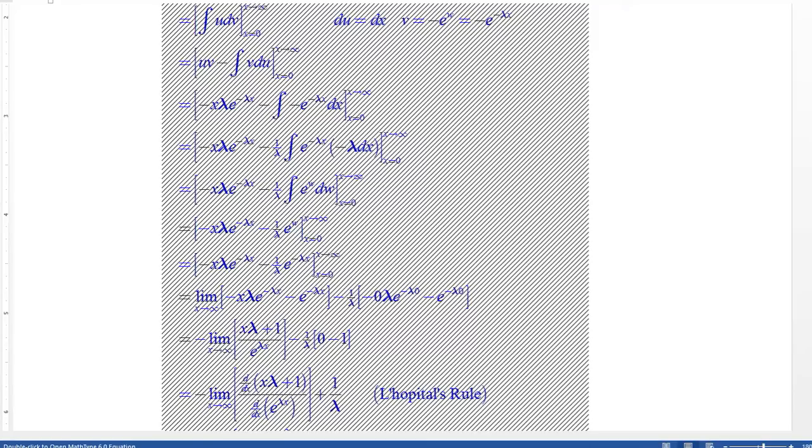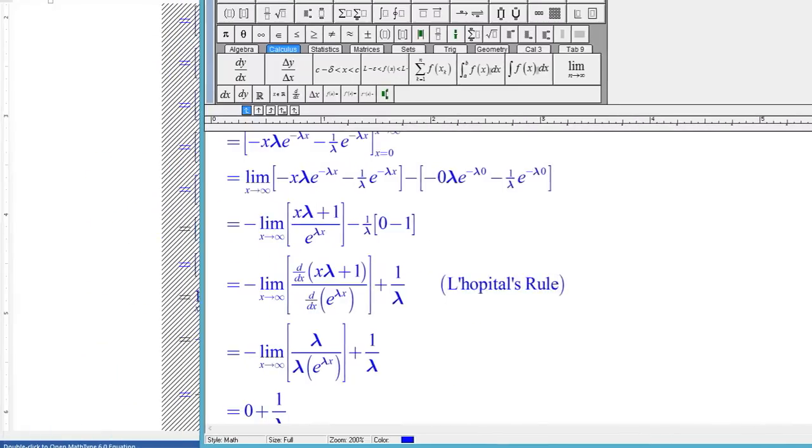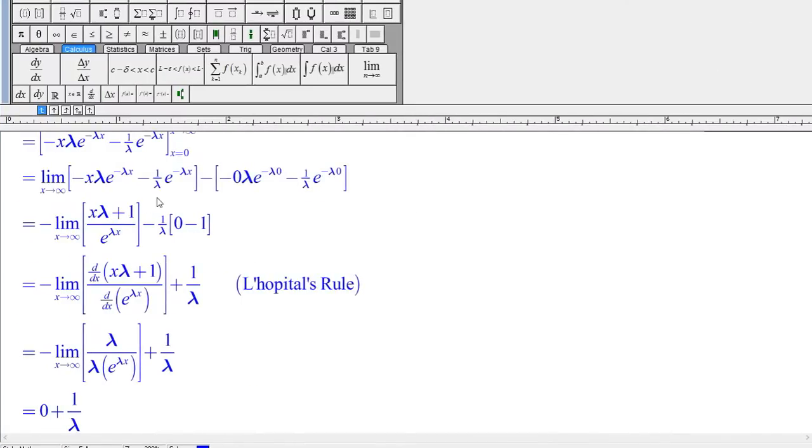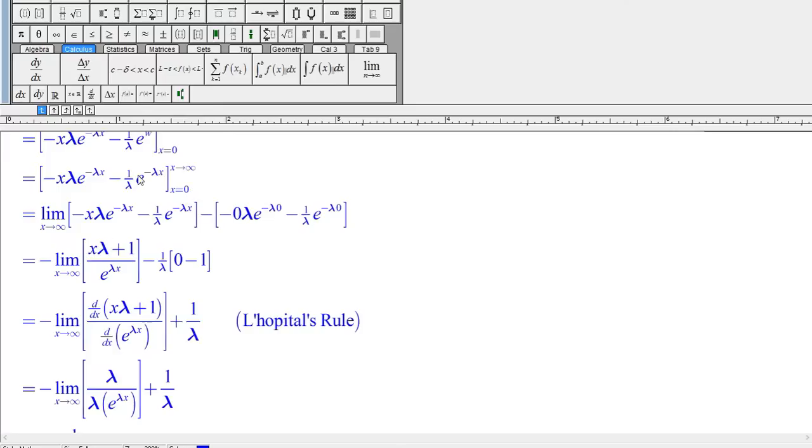Okay, it goes there and here. All right, so this 1 over lambda should be included.